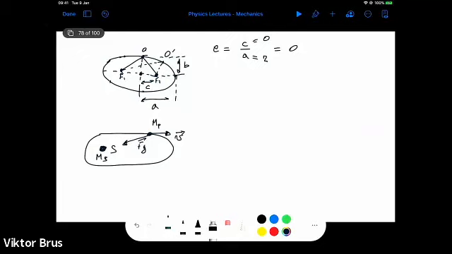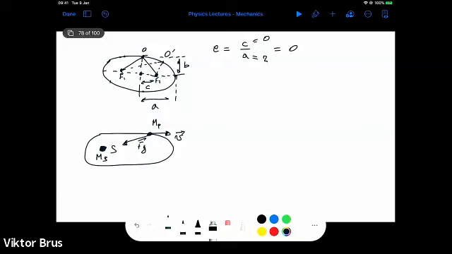Let us consider the torque which this gravitational force creates on the planet with respect to the axis which goes through the sun, perpendicular to the plane of our image.